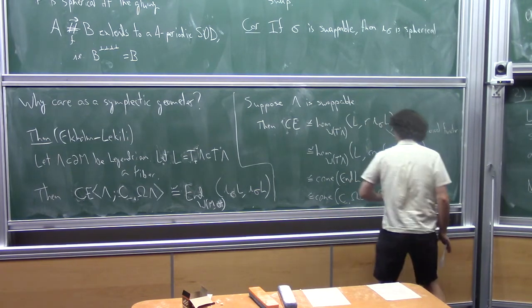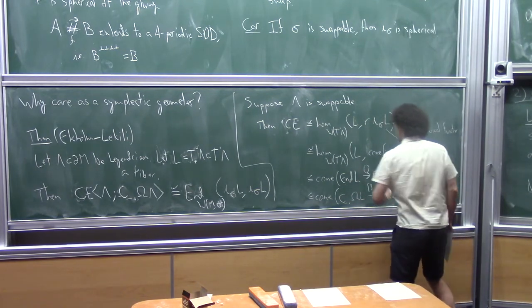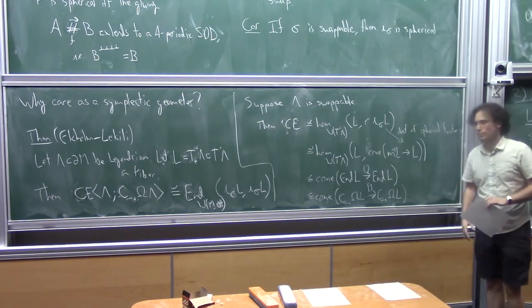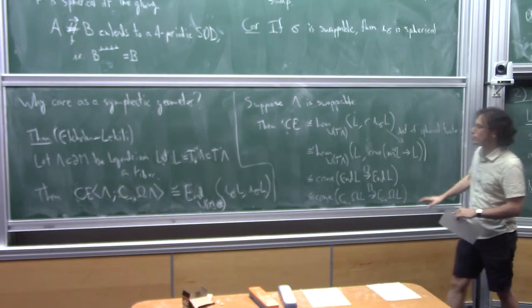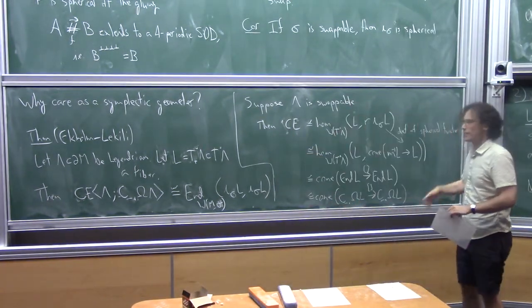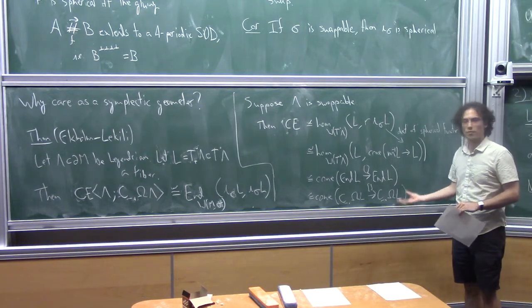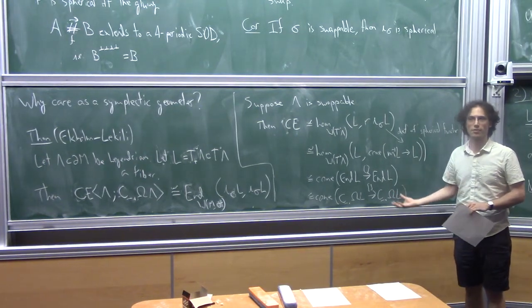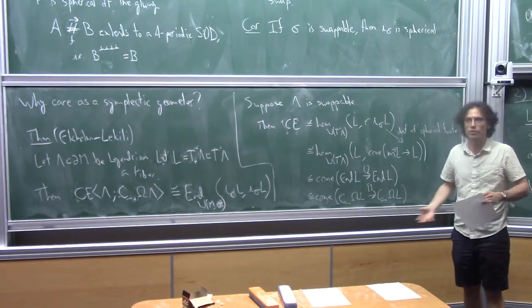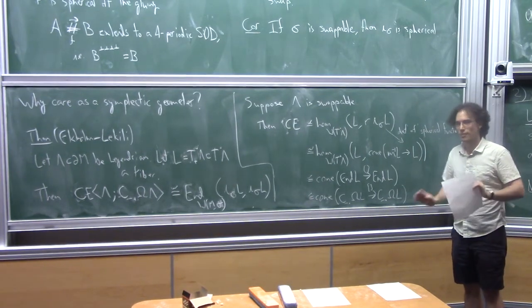There's some shift, which I don't have written down. So, in other words, it tells you that the Chekanov-Eliashberg DGA is generated as a module over chains on the loop space by 2 copies of chains on the loop space. So it's very small. At least you can strongly control what it could possibly be. I'll stop there.